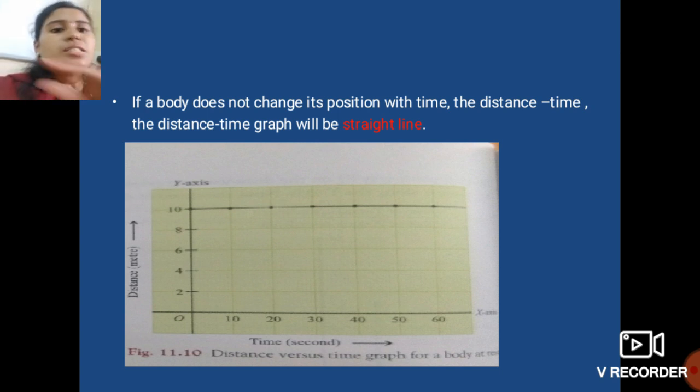Whenever you get this straight line, you can say that this graph shows that the body does not change its position. Means the body is at rest. Whenever a body is at rest, we will get a straight line graph which is parallel to the x-axis.